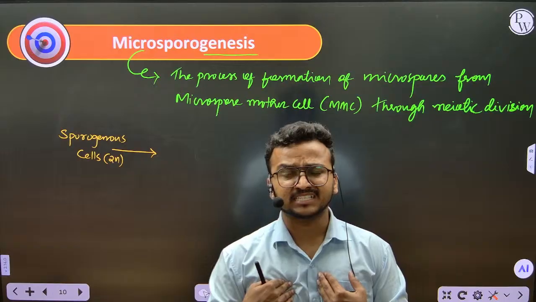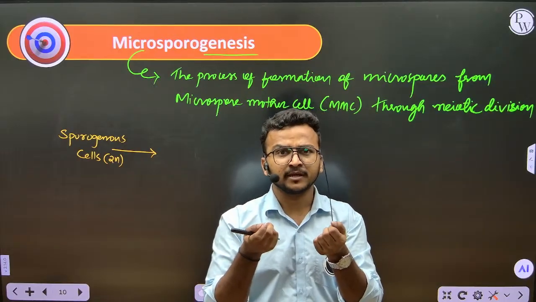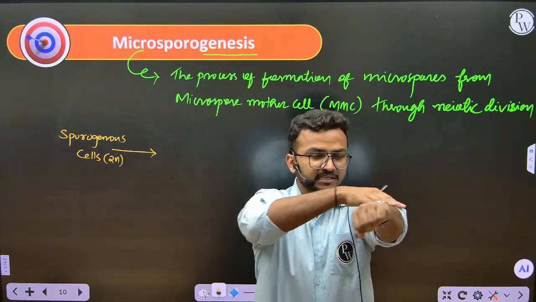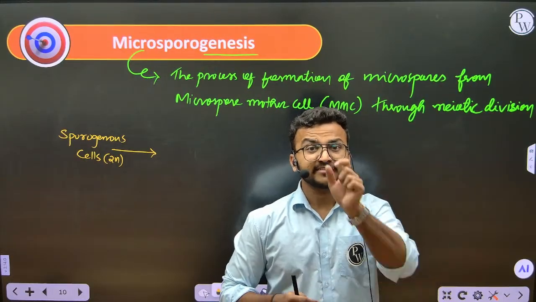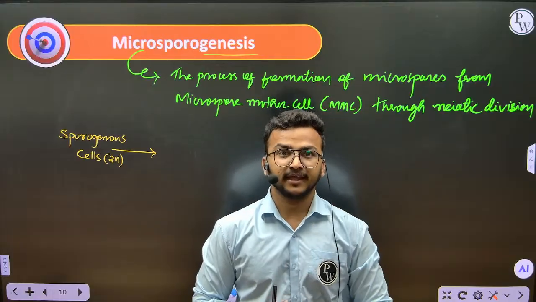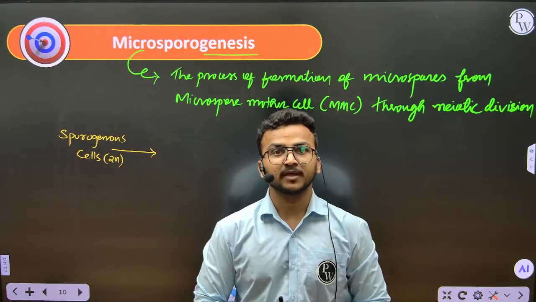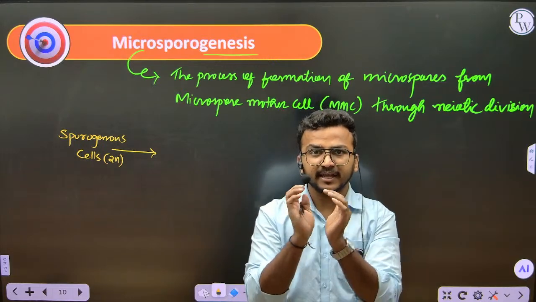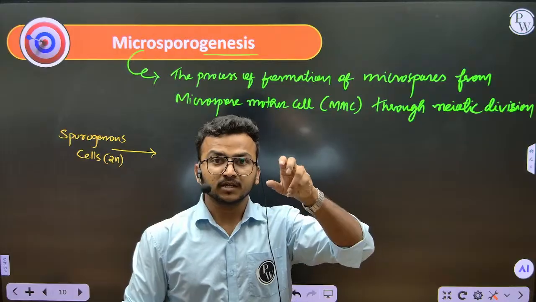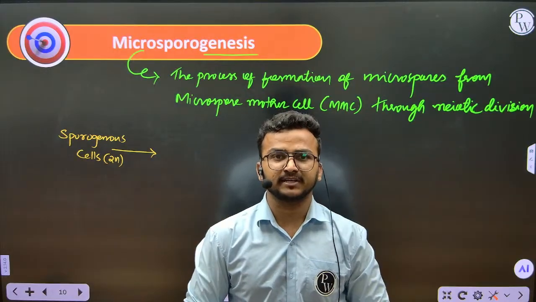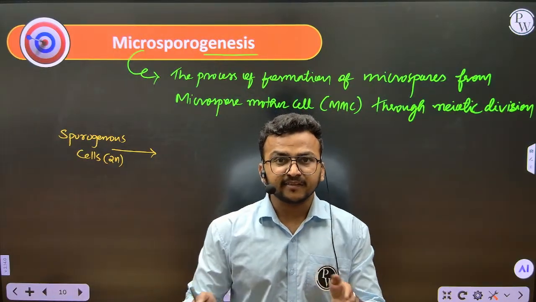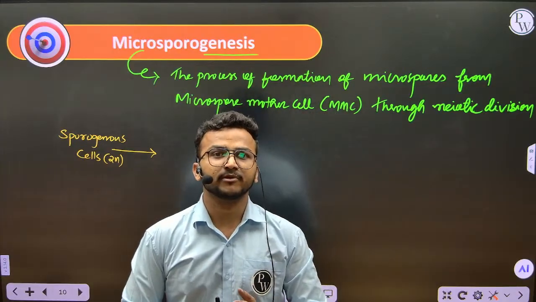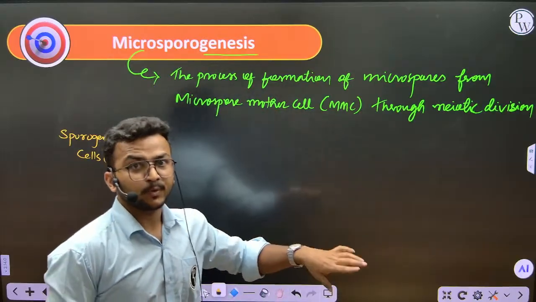Our body cells are diploid, with 46 chromosomes in each part of our body, except gamete cells like sperms and eggs, where the chromosome number is haploid. All cells other than gamete cells are diploid.